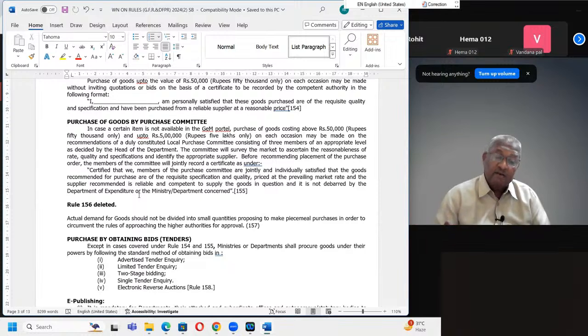The other one, purchasing goods which are not available in GEM portal on the basis of certificate issued by the local purchase committee. ये दोनों छोड़कर the other items, how they can be purchased in these methods: advertised tender inquiry, limited tender inquiry, two-stage bidding, single tender inquiry, electronic reverse auction. So इस मेथड में कोई भी एक मेथड चुनकर उसमें से हम खरीद सकते हैं.